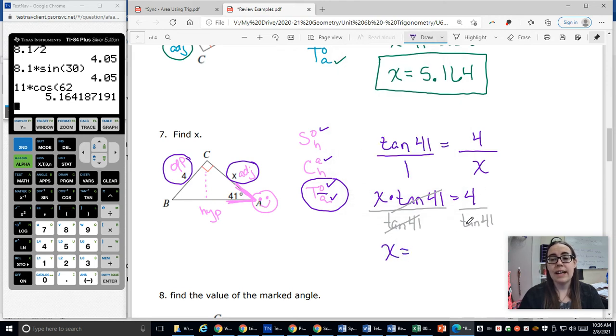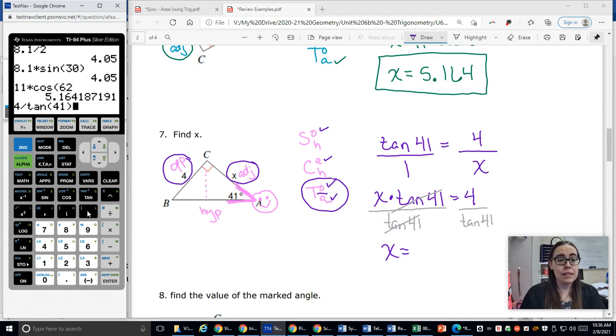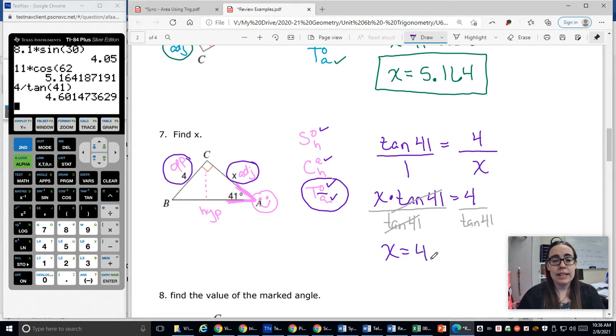On the right-hand side, I have 4 divided by the tangent of 41. That I can put in my calculator. 4 divided by the tangent of 41. I'm going to close that seatbelt to make sure I'm safe. And I get 4.601 when I round correctly.